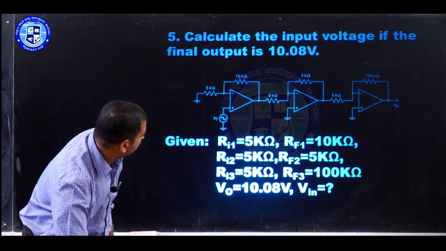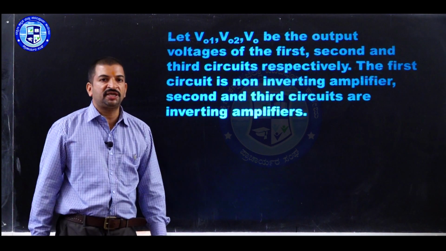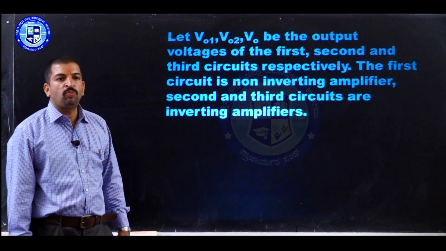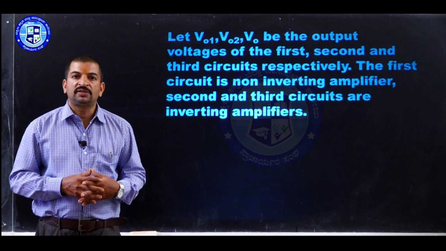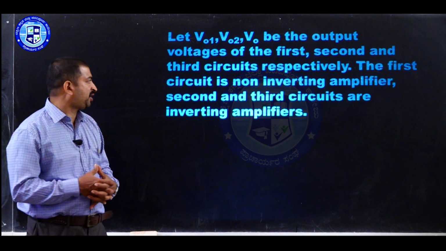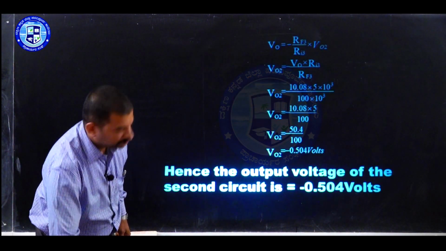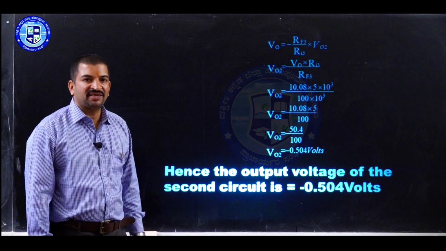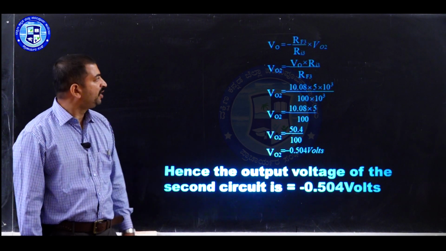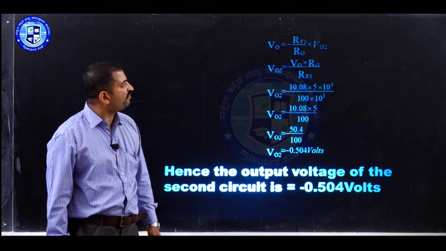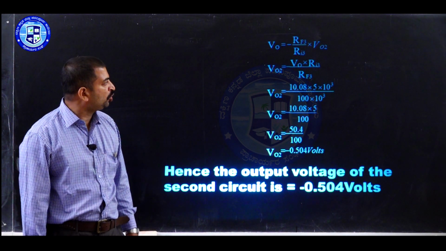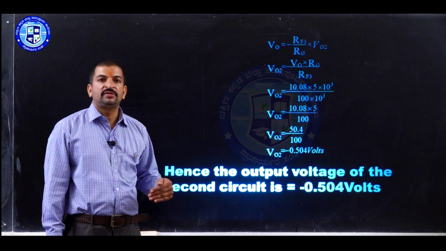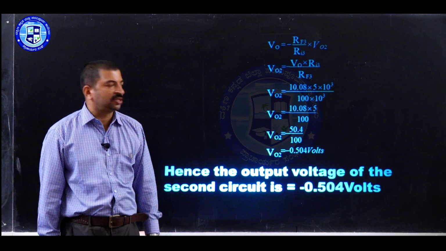We will now calculate the input voltage. Let us consider VO1, VO2 and VO be the output voltages of the first circuit, the second circuit and the third circuit respectively. Now the output voltage of the last circuit, that is an inverting amplifier, is given by the formula minus RF3 divided by RI3 into the output voltage of the second circuit. The input voltage to the third circuit is the output voltage of the second circuit.